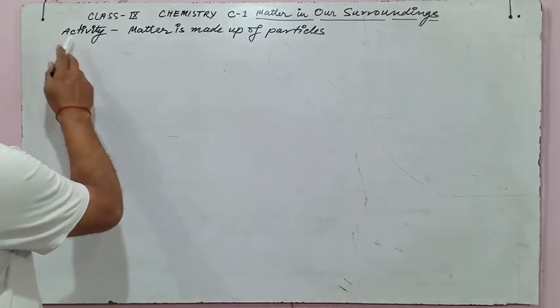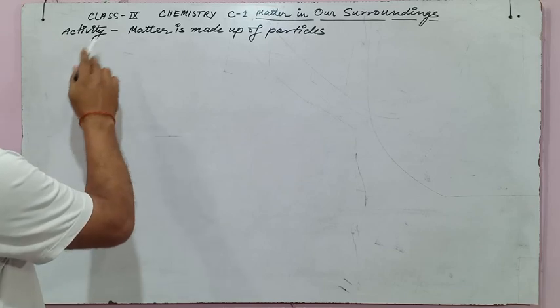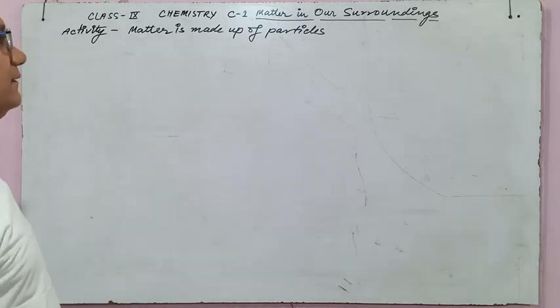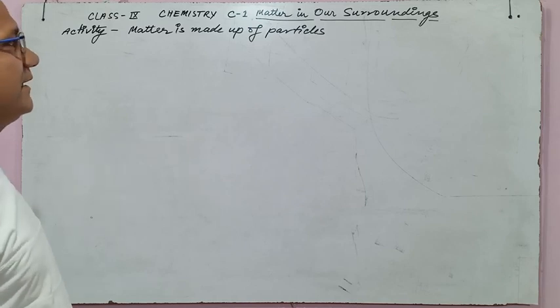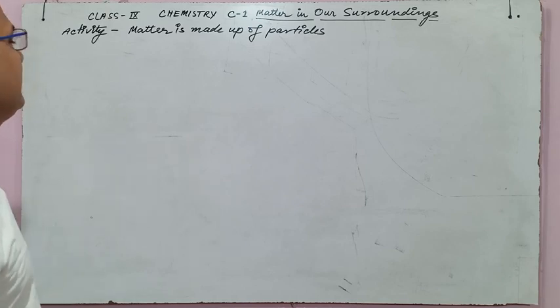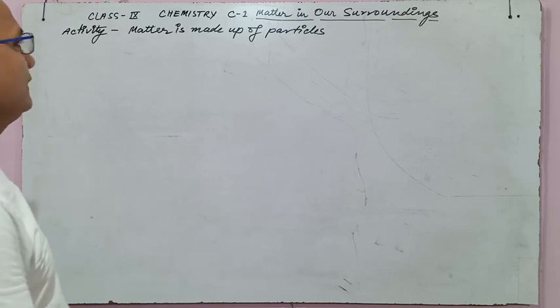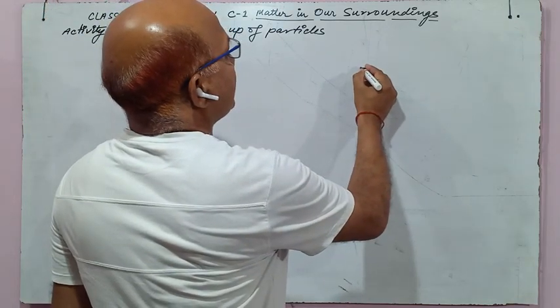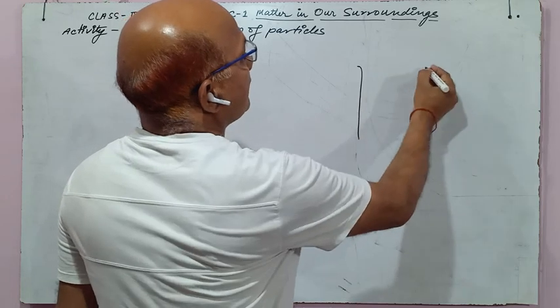I am going to discuss the topic, an activity: matter is made up of particles. So let us understand how matter is made up of particles with the help of an activity. For this, we will take a 100 ml beaker.